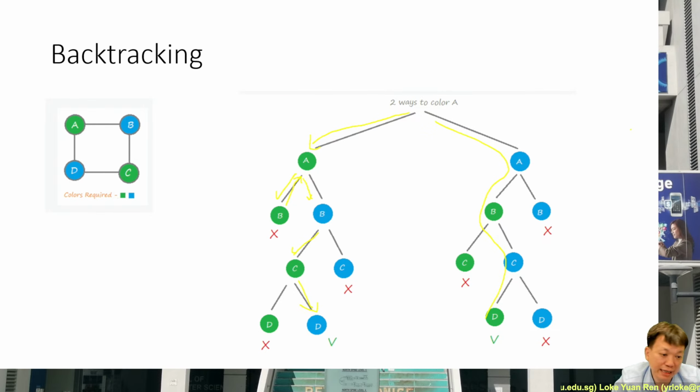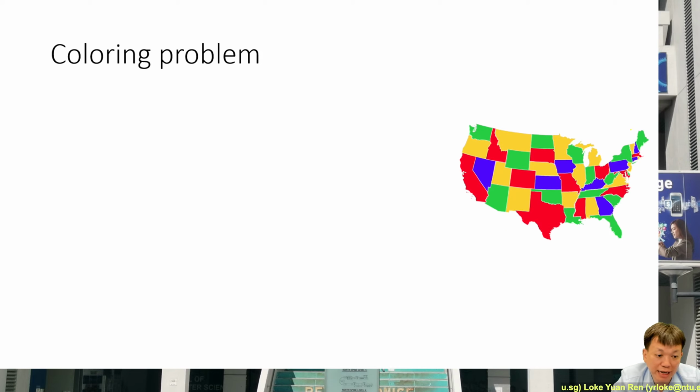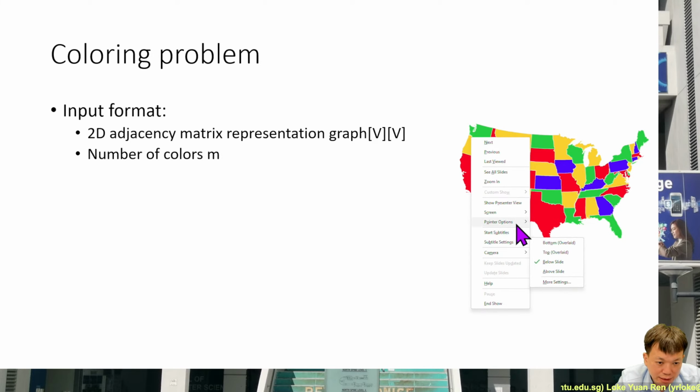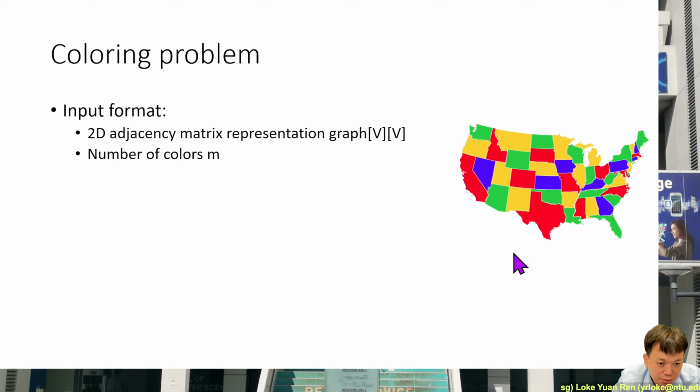So that is backtracking to solve the coloring problem. For the implementation, of course, you need to construct this particular map into a graph. I just briefly draw it out.